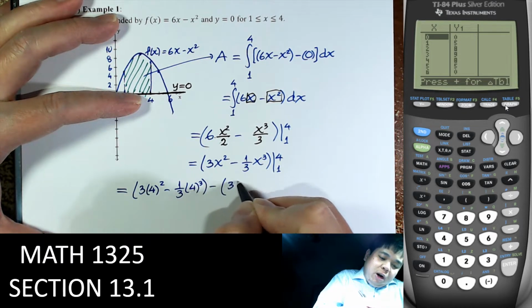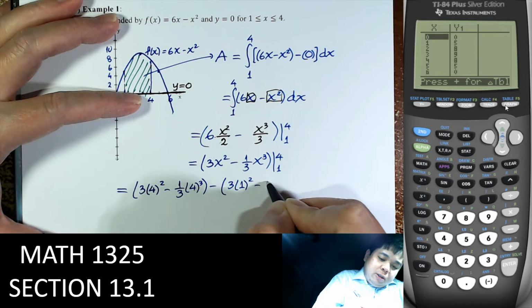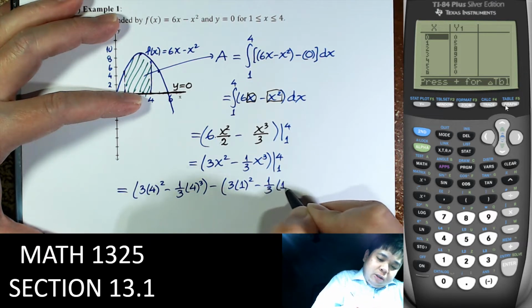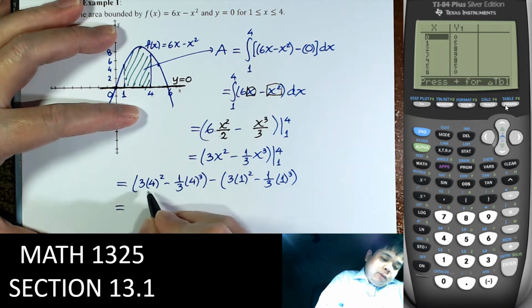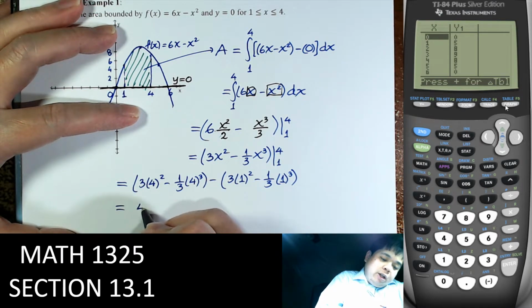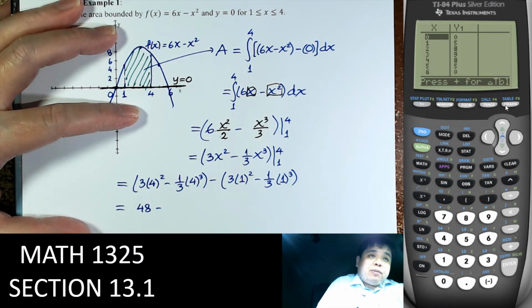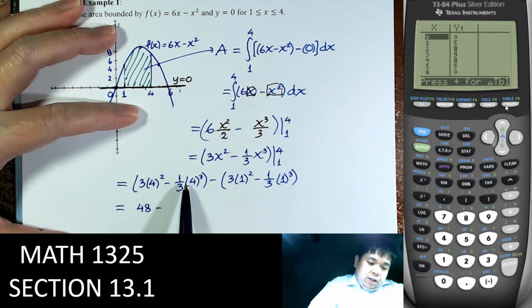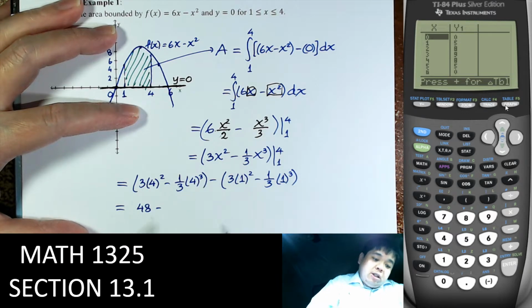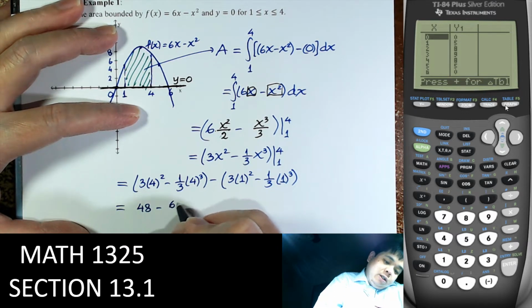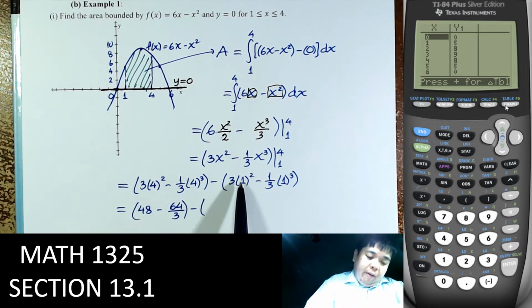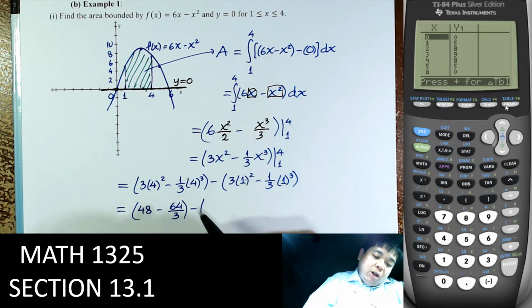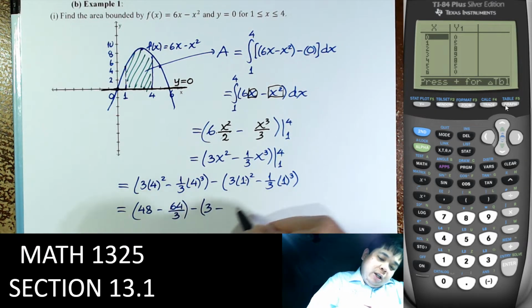And then we substitute 1 in for x. So 4 squared is 16, that's 48. 4 cubed is 64, 64 over 3. 1 squared is still 1, so that's 3 minus 1/3.